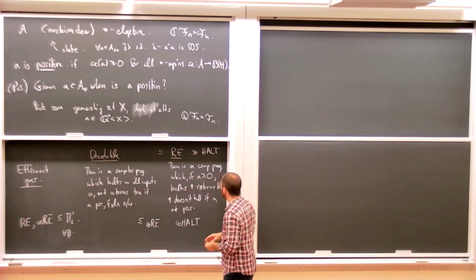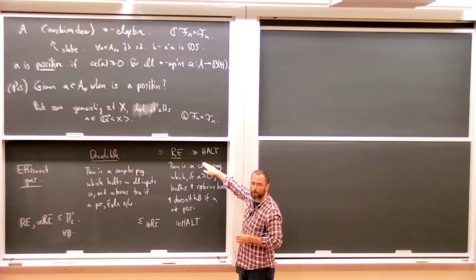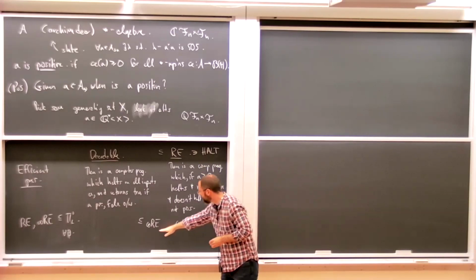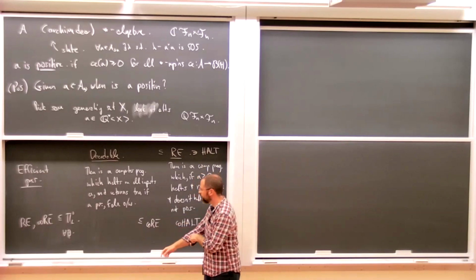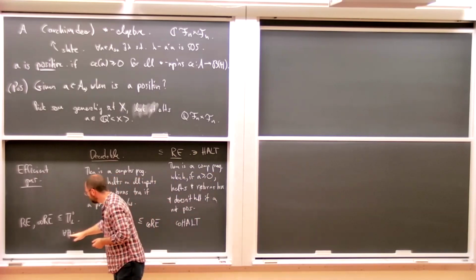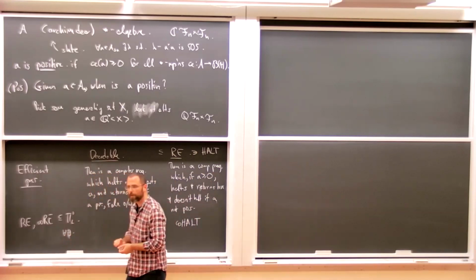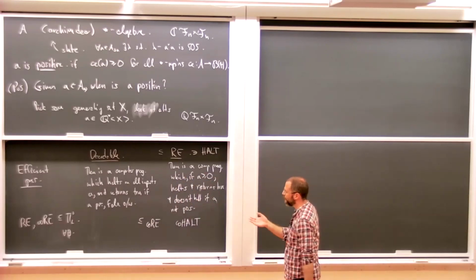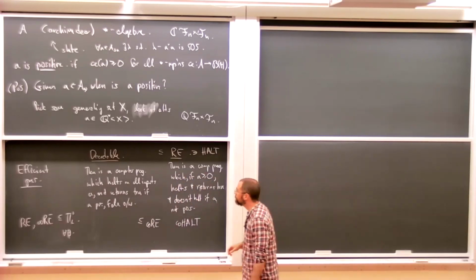Which is like RE is there exists a computation that halts, and this is for all computational paths none halt. And this is like for all inputs there exists a computation path that halts. That's pi02. So this is a larger class, with more difficult problems in there.